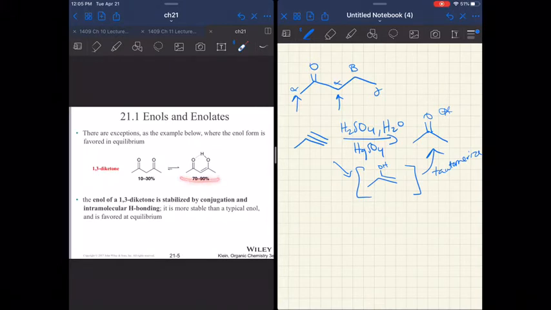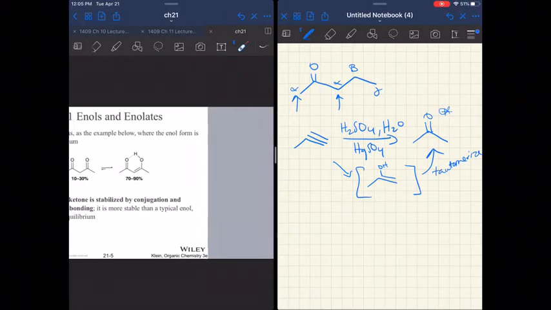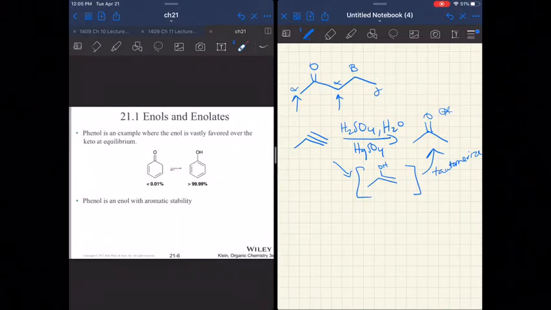For instance, when you have this conjugated enol, it is stabilized by the conjugation and by the hydrogen bond. So you do see more of your molecules containing an enol. There's one specific example that is 99.99% or more in the other direction, and that is the phenol.